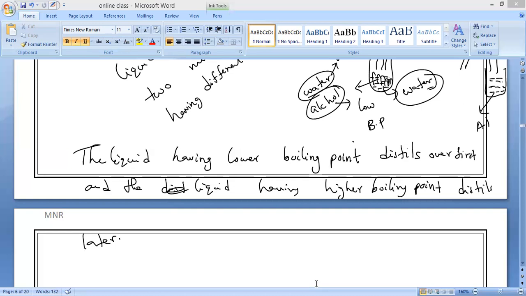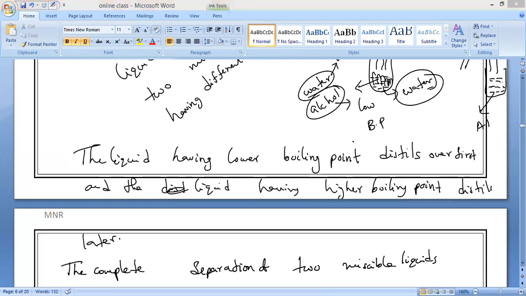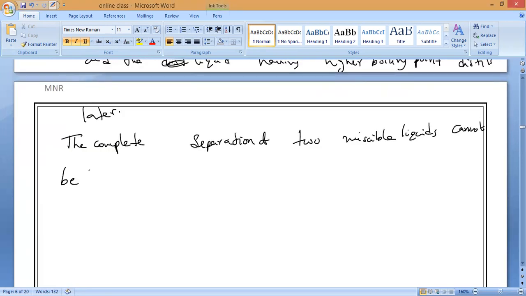So please write it. The complete separation of two miscible liquids cannot be done by simple distillation.